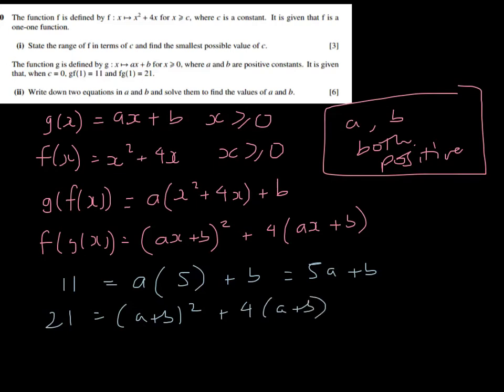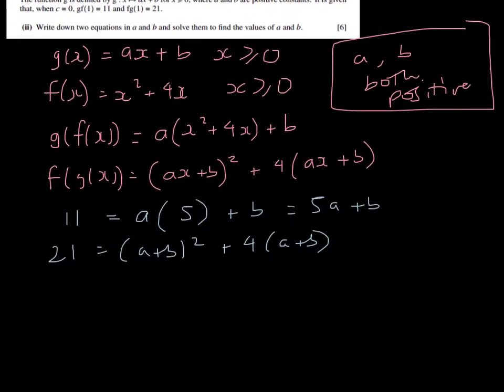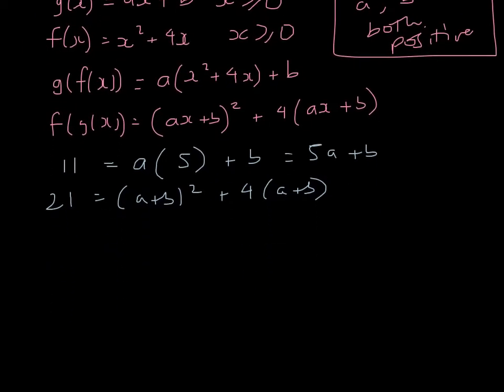Okay, so now we're going to come up with a way to solve this. We've got two simultaneous equations. We've got two equations in a and b, and we have to find a way to make one equation that's only in one variable, either a or b. Okay, so I'm just going to move things up a little bit so that I've got more space to work with.